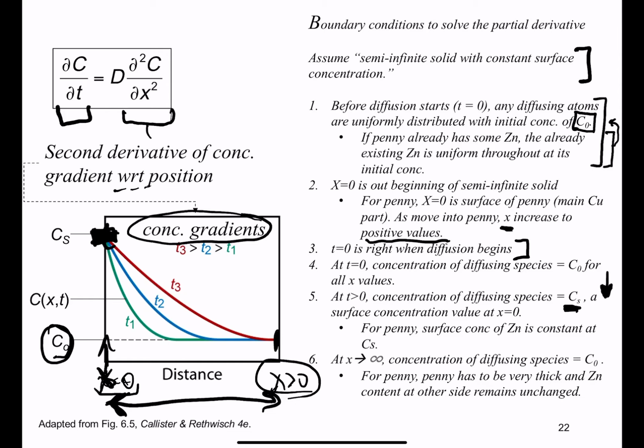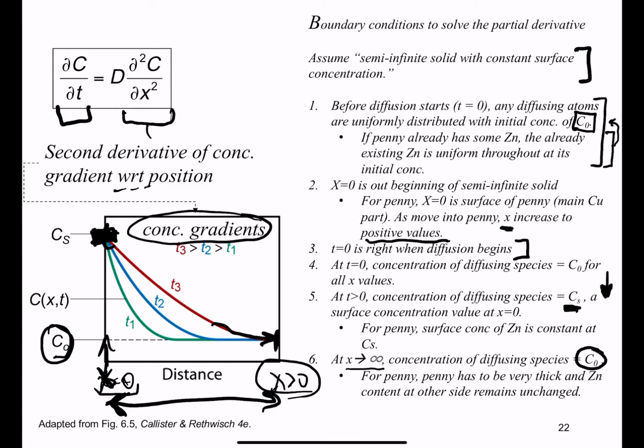And then as we move to increasing x values towards x equals infinity, the concentration of the diffusing species, so this might be the zinc on the surface, which was anchored at CS at x equals 0, is now moving all the way down to approach the value that we have as our baseline C0 value.